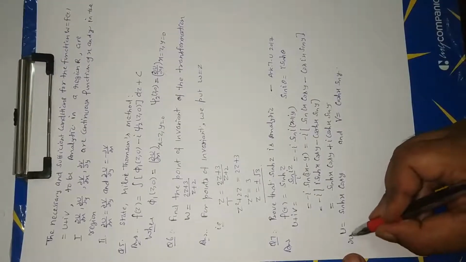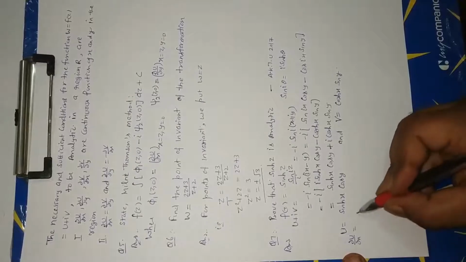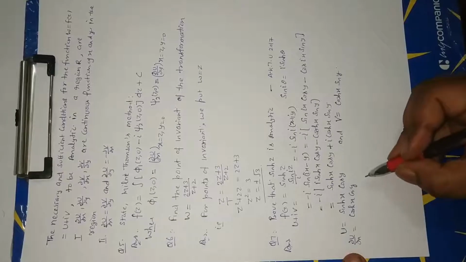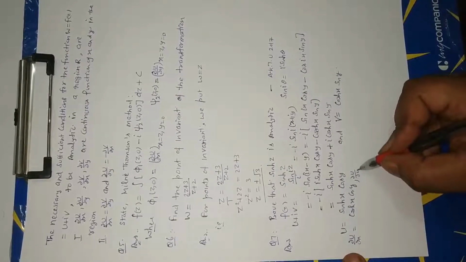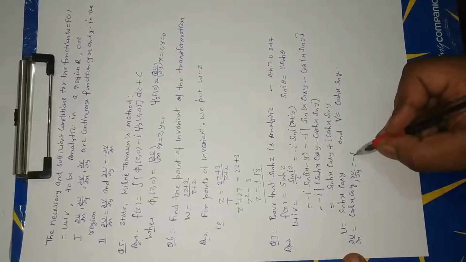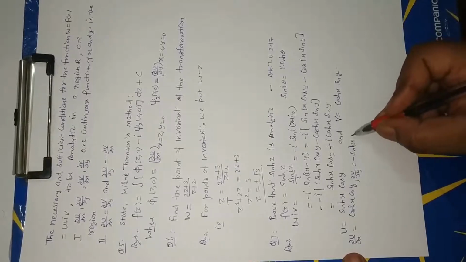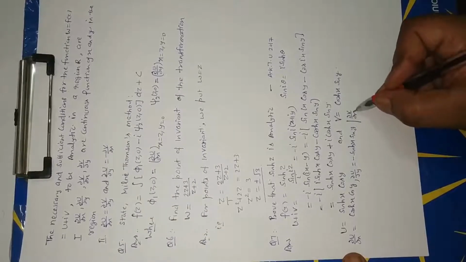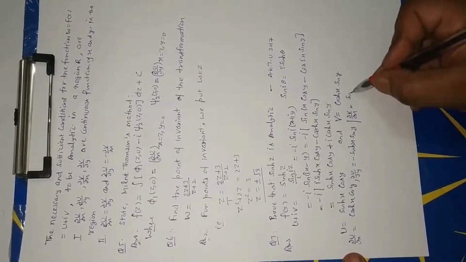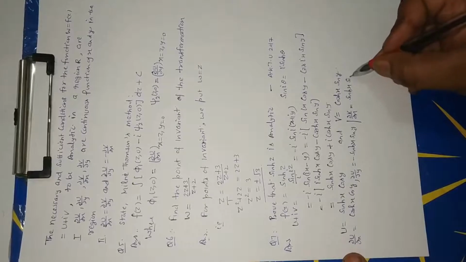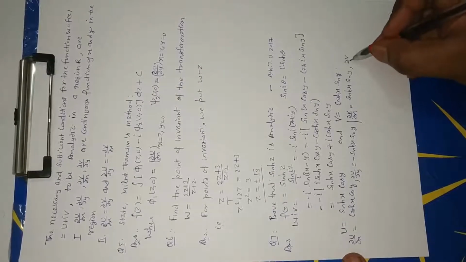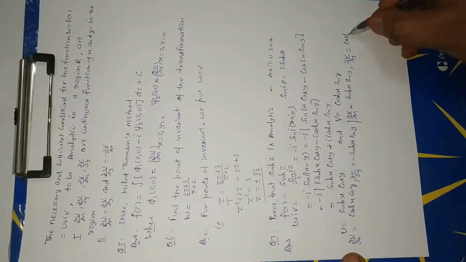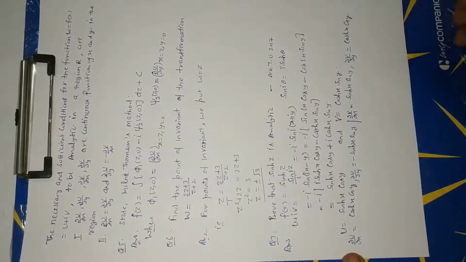Now we get ∂u/∂x = cosh x cos y, ∂u/∂y = -sinh x sin y, and ∂v/∂x = sinh x sin y, ∂v/∂y = cosh x cos y.